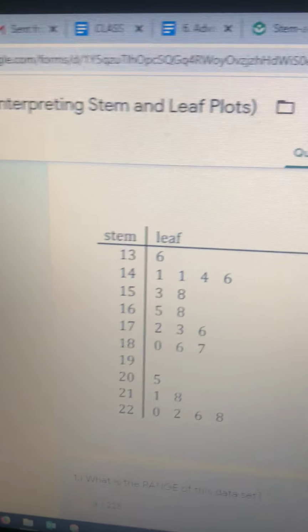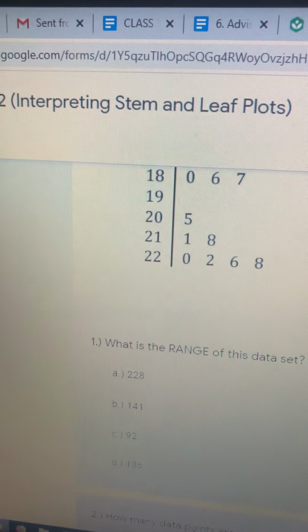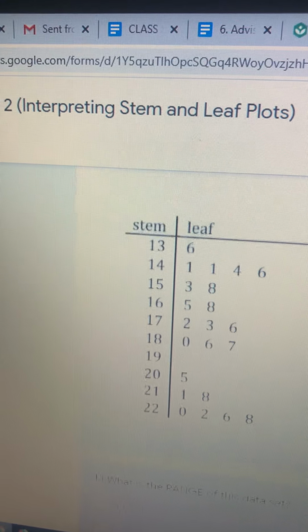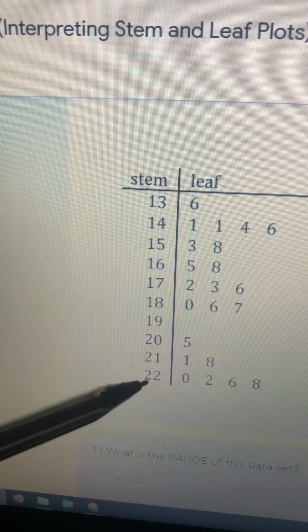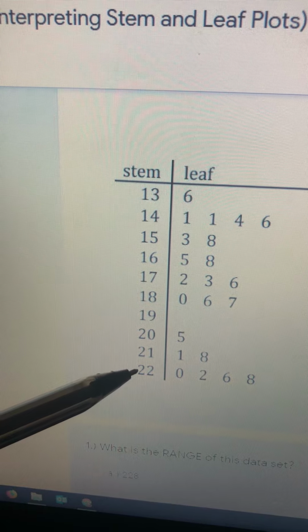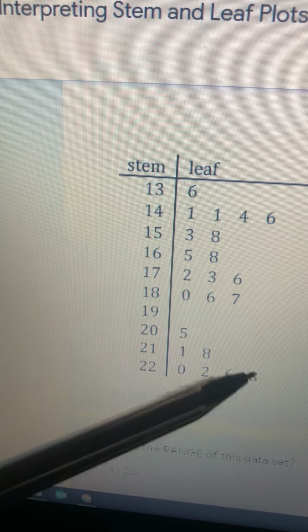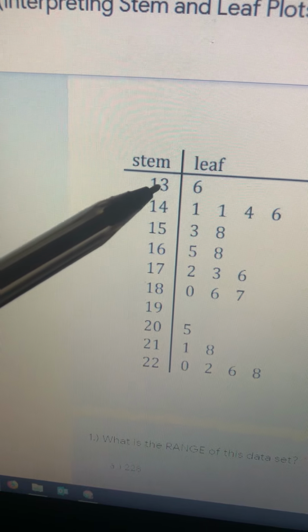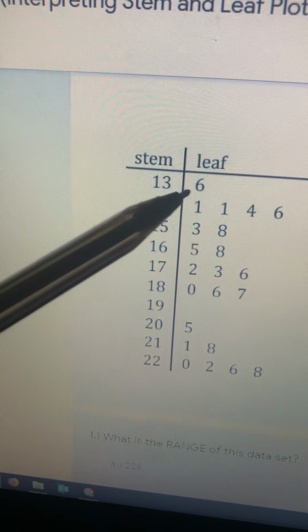Okay. So this first question says, what is the range of this data? Hopefully you guys remember that the range is taking the biggest number, which is 228, and subtracting this number, 13 and 6, which is 136.